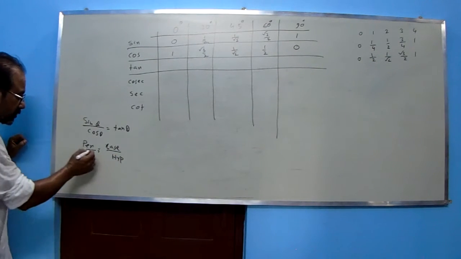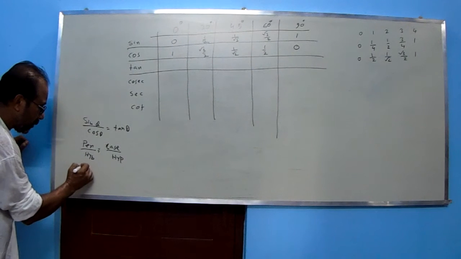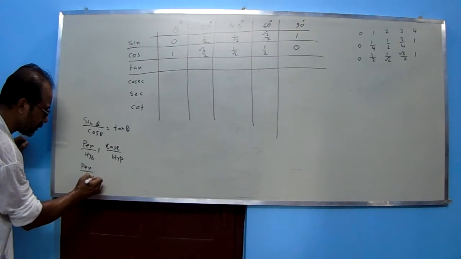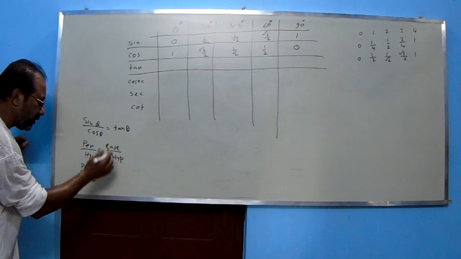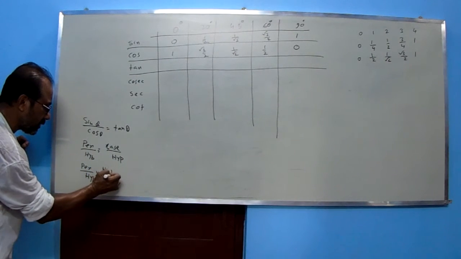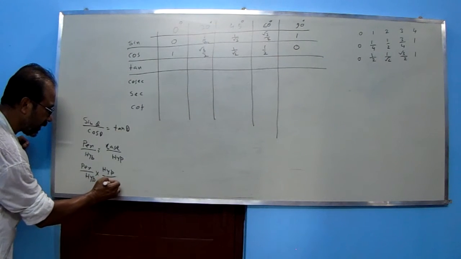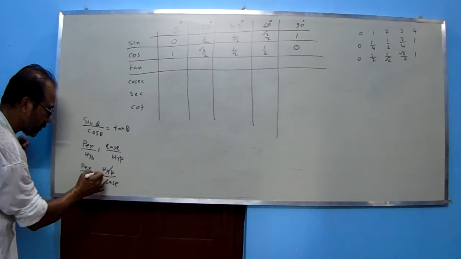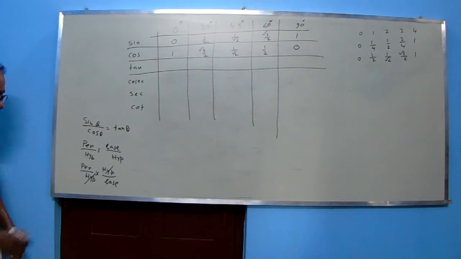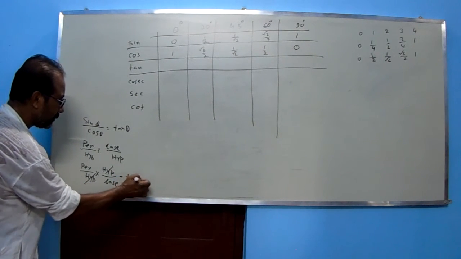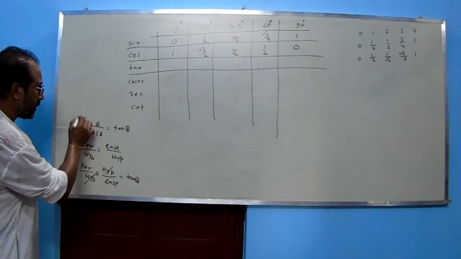So the perpendicular by hypotenuse is multiplied by the reverse, hypotenuse by base. The hypotenuse cancels, so perpendicular by base is tan. So sin theta by cos theta is tan.